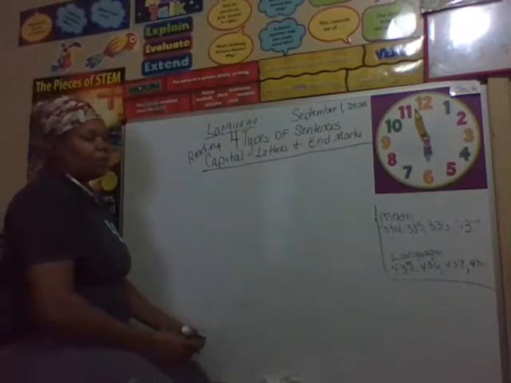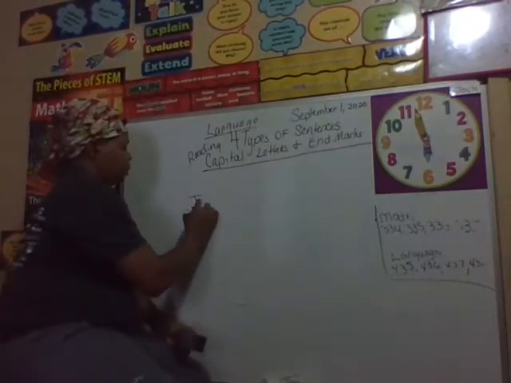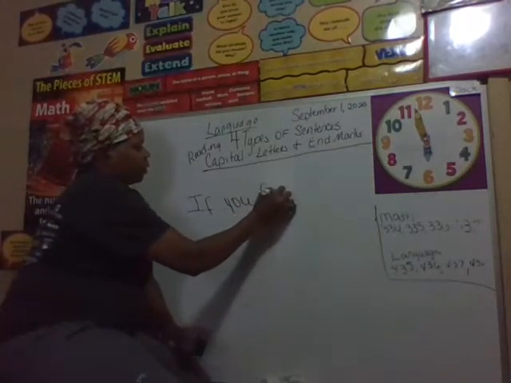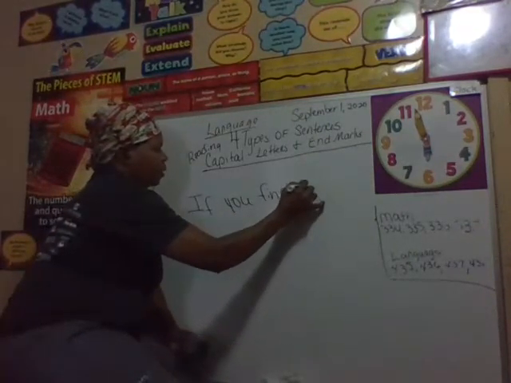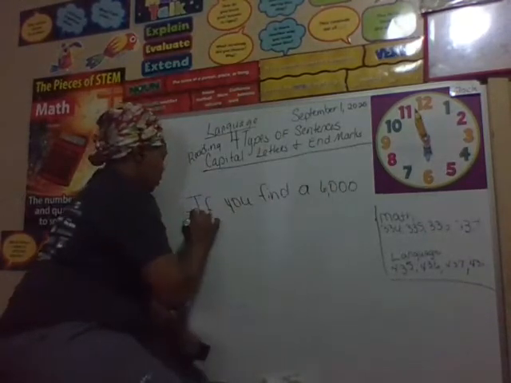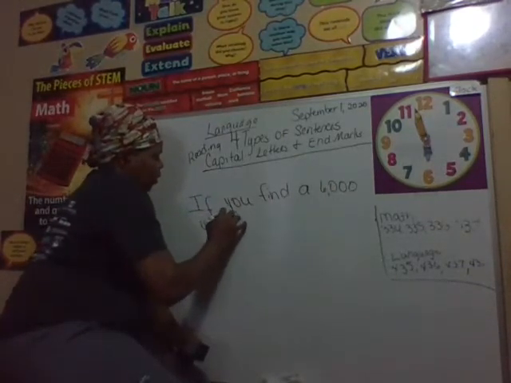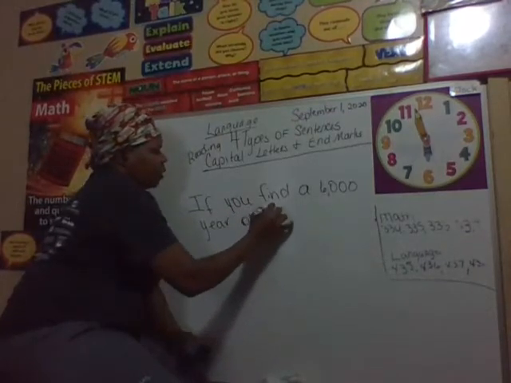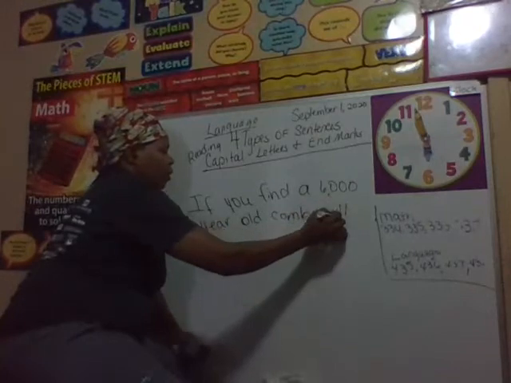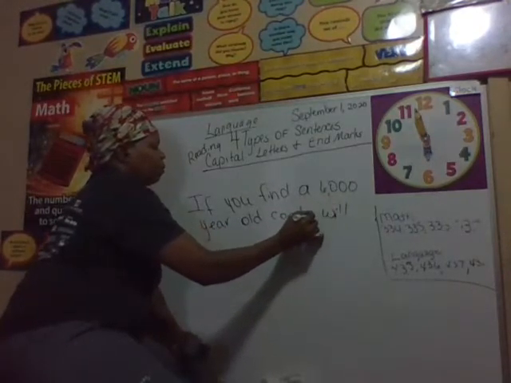If you find a 6,000 years old comb, will you use it? Yes, I will use it. And they telling us something. No, they asking us. Do they have a comma here?